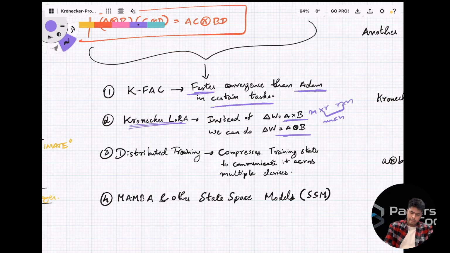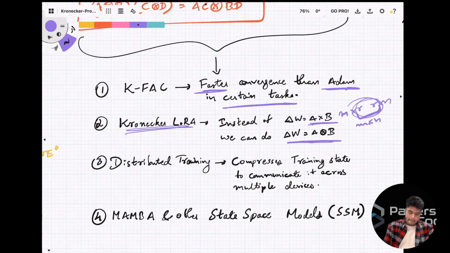One is you are not restricted by this anymore. You can have different dimensions. You can have a block in between, which is the third dimension, and you can preserve the rank. So substituting your weight update with a Kronecker product seems like a very promising option in LoRA based research and fine tuning.